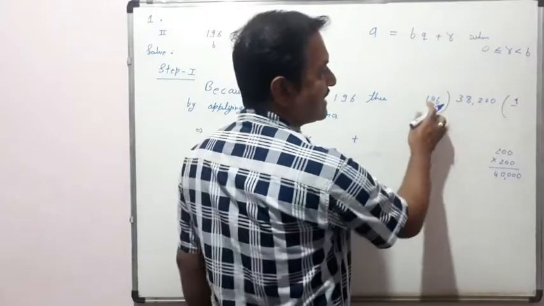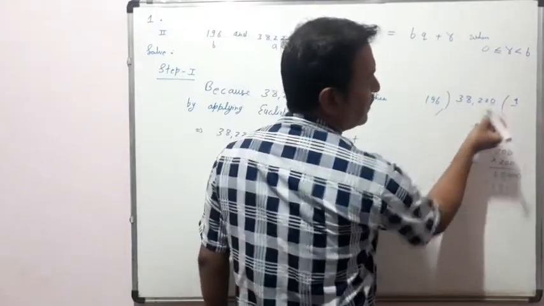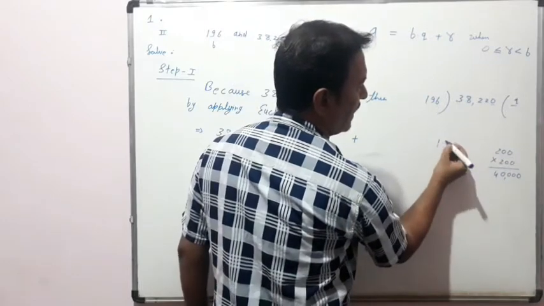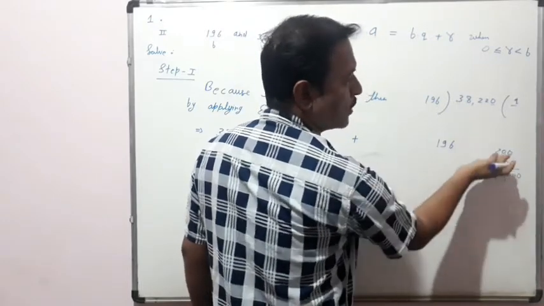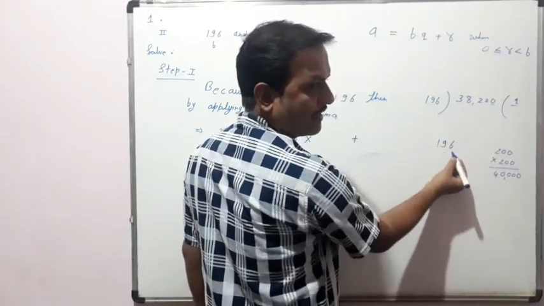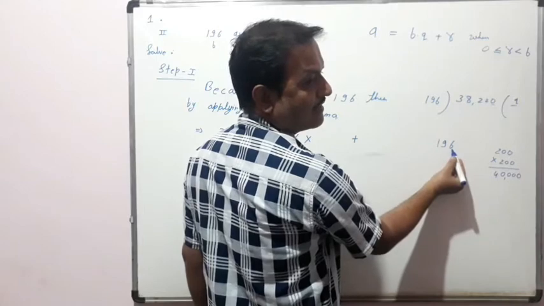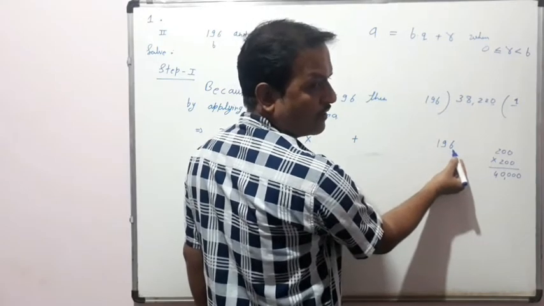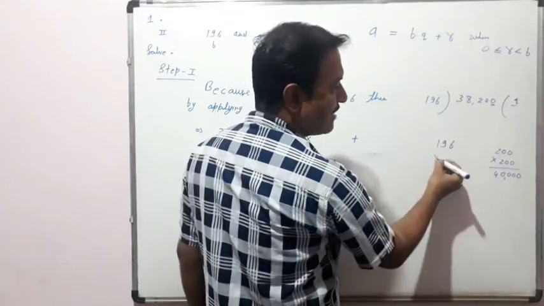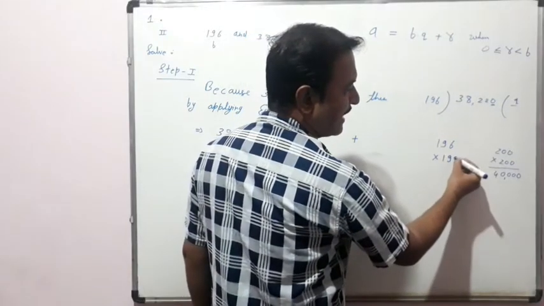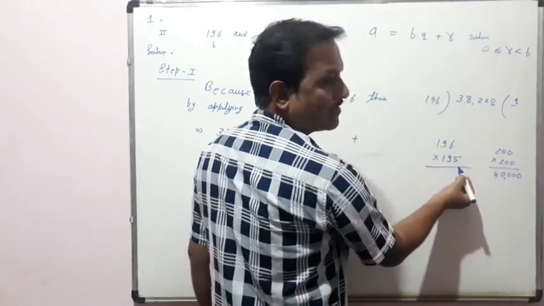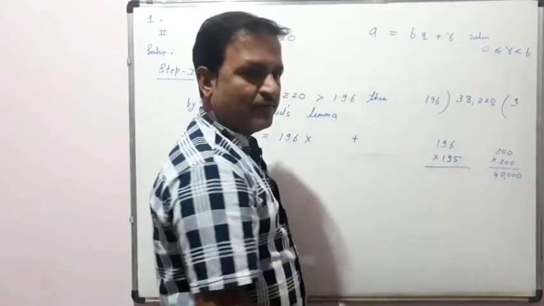So near 196, there is a 0 at the end also, so we try. 196 is close to 200, so if we try 199, 9 6 is 54, the last digit is not 0. Let us try it by multiplying 195, because we get 5 6 30, so the last digit is 0.